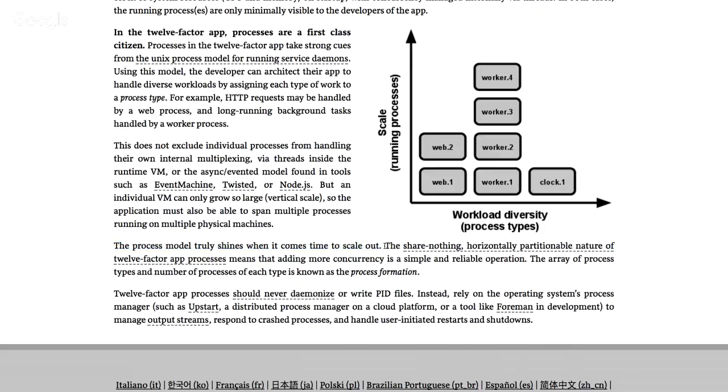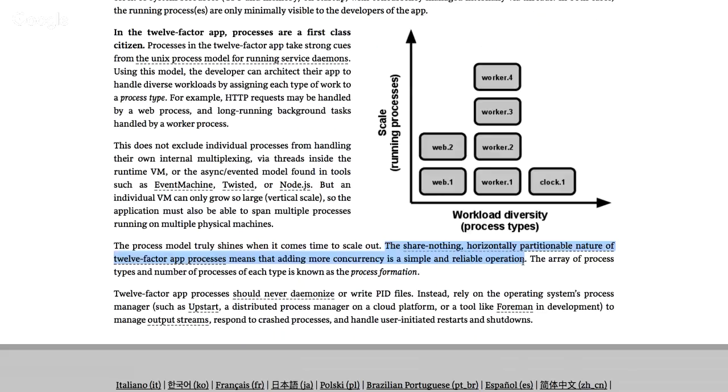The share-nothing, horizontally partitionable nature of 12-factor app processes means that adding more concurrency is a simple and reliable operation, because we don't share anything, and it's stateless.